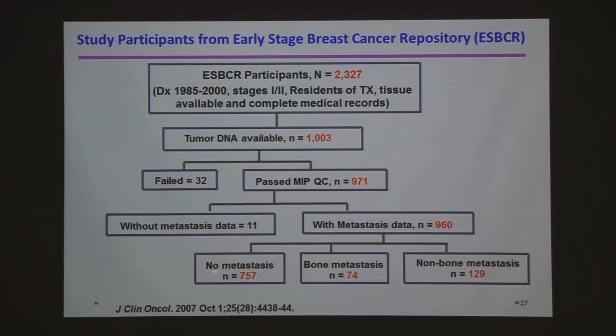So in terms of the numbers, 757 of them had no metastasis, 74 had a bone metastasis, and 129 had a non-bone. The original paper that described this population was published in 2007.